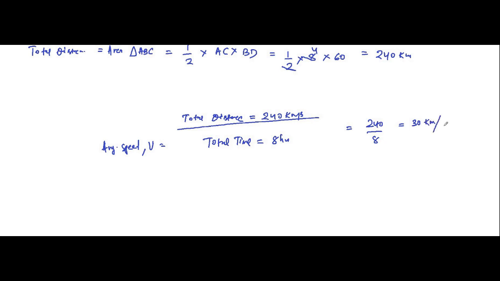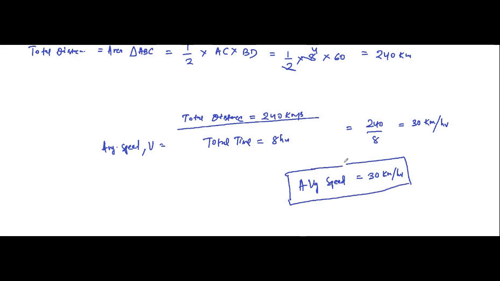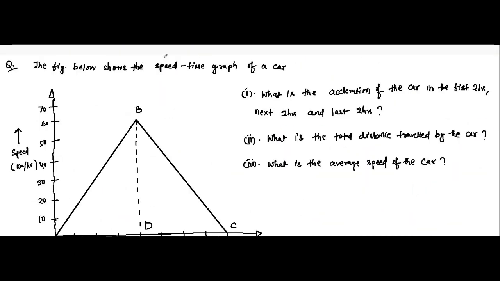That is the average speed, 30 kilometer per hour. So a very basic and simple question, but still a good one to analyze the one-dimensional motion of an object in a graphical way.